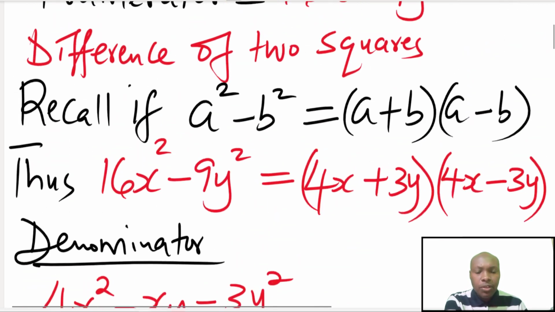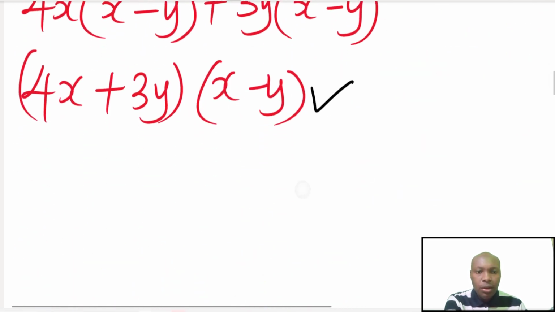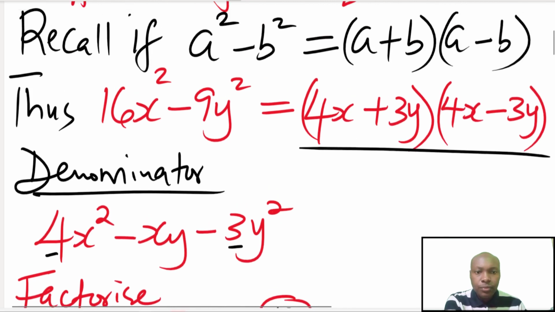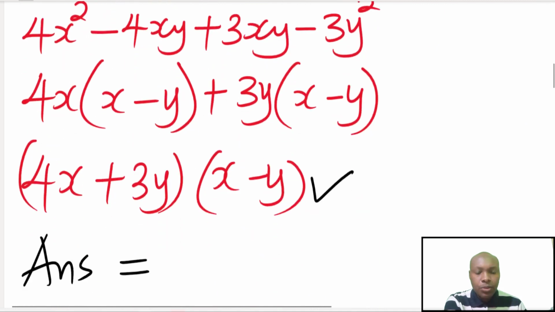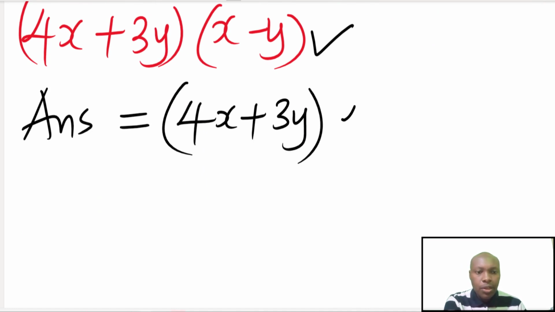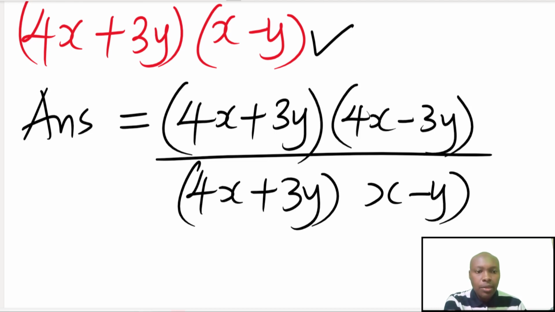Now, since we have the numerator and the denominator, we just pick the solution we got for the numerator and divide by the solution we got for the denominator. The numerator was 4x plus 3y multiplied by 4x minus 3y, divided by the denominator, 4x plus 3y, then x minus y.